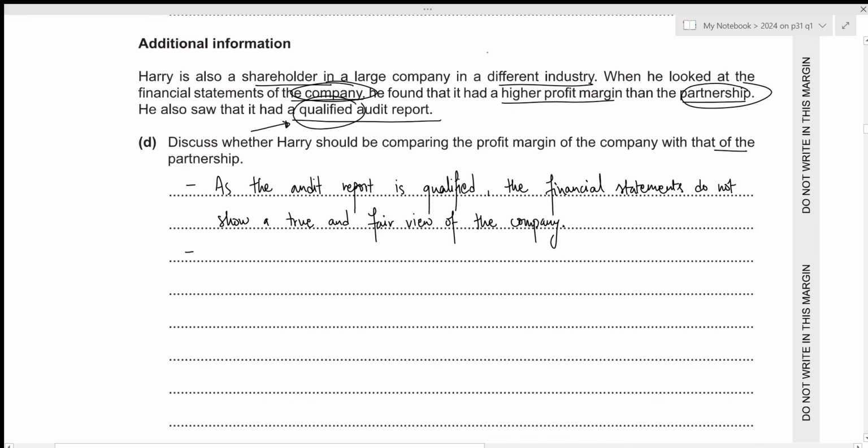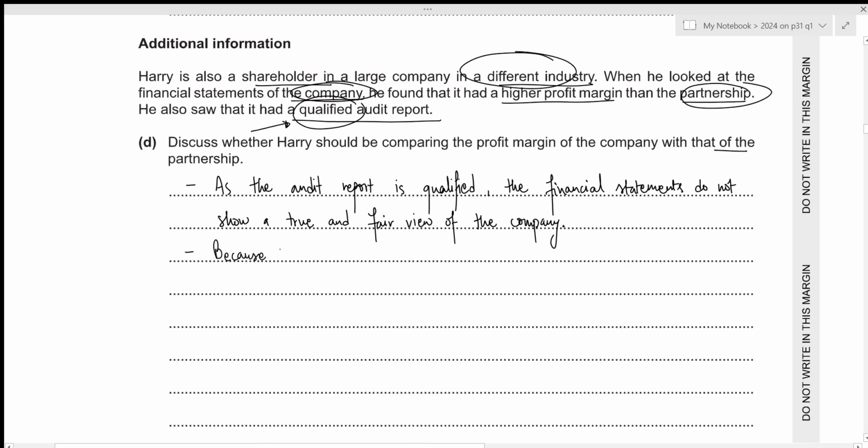And again, another thing that we can see is that Harry is comparing the profit margin of the partnership to the company. That would still be considered to be valid if both of the companies as well as the partnership were to be operating in the same industry. But in this case, we have been told that Harry is a shareholder in a large company, but in a different industry. So the comparison may not be valid. Let's write it down.